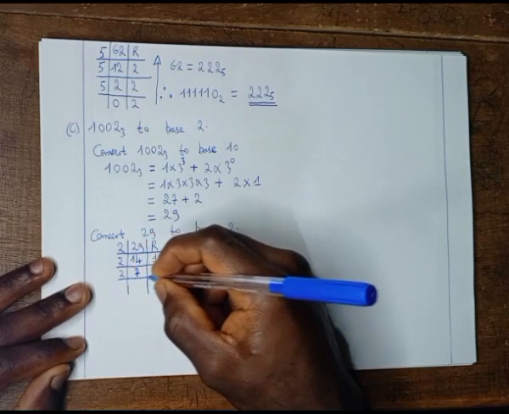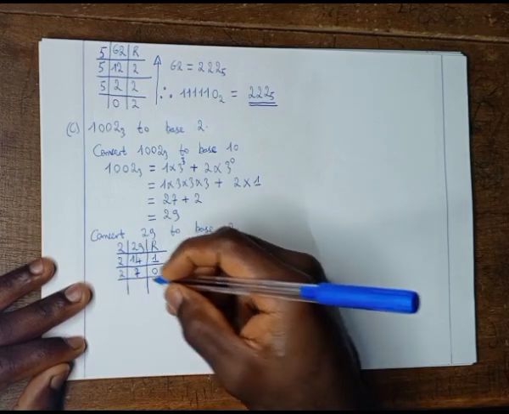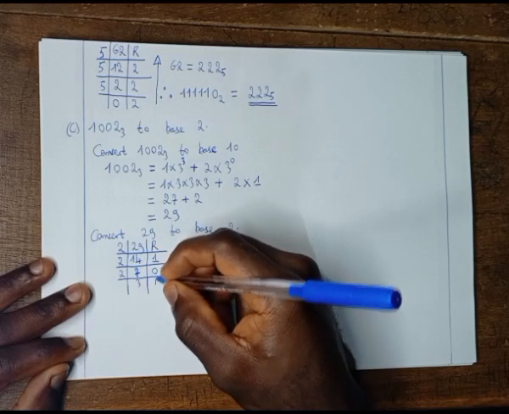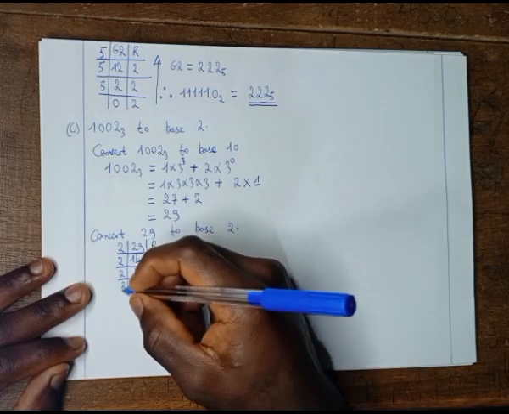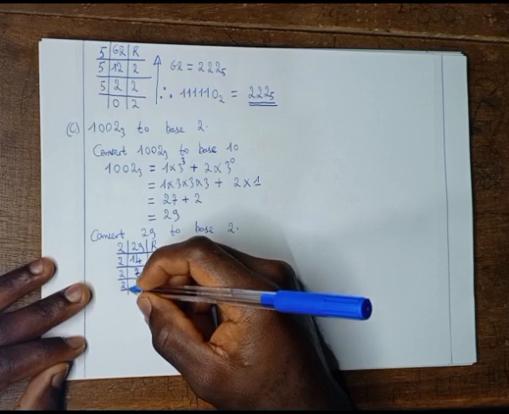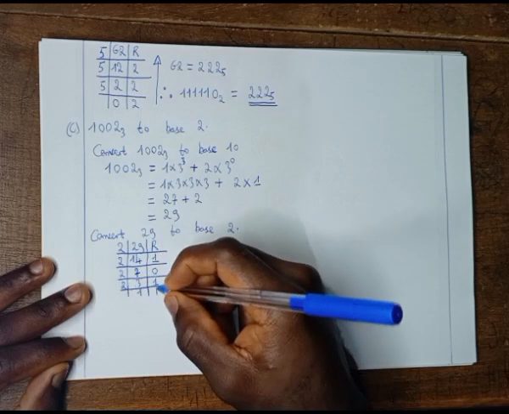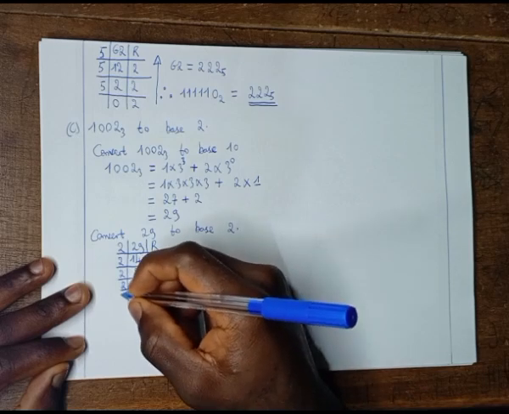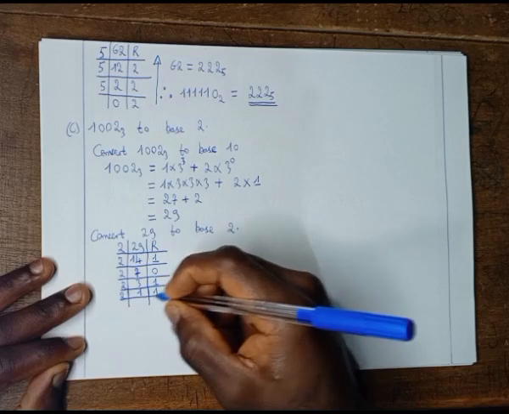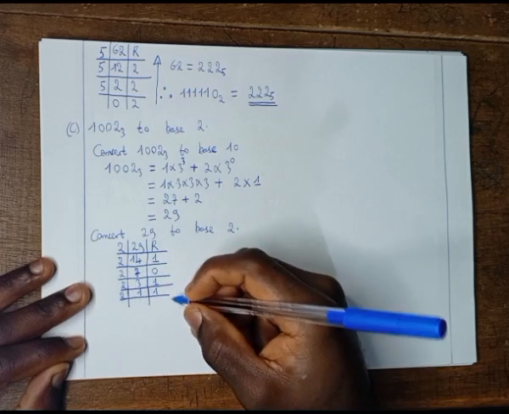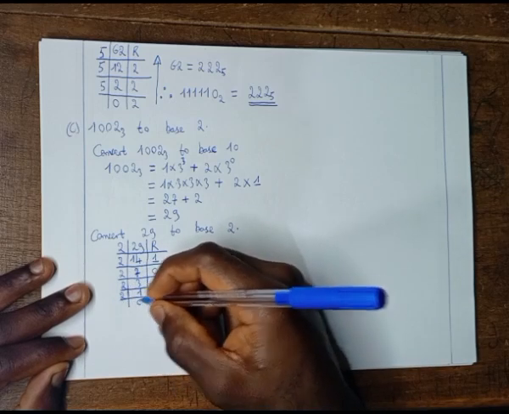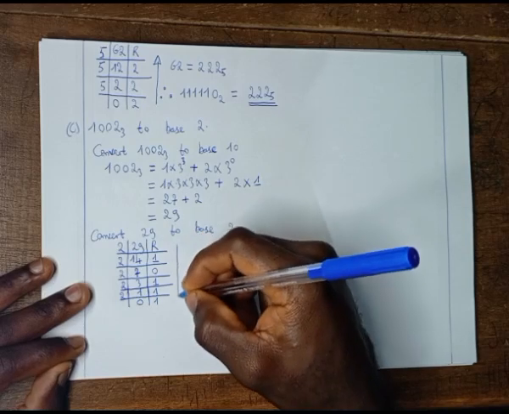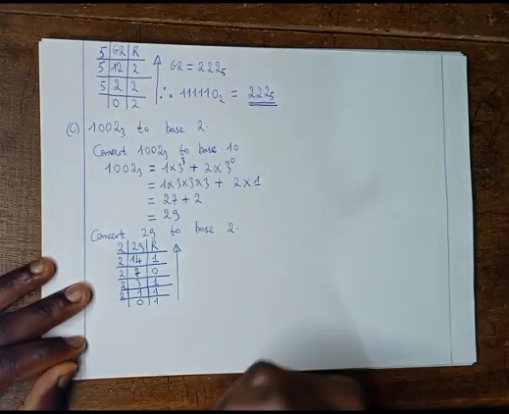We bring down 2. 7 divided by 2 gives us 3, remainder 1. We bring down 2. 3 divided by 2 gives us 1, remainder 1. We bring down 2. 1 is less than 2. If we divide 1 by 2, we are going to obtain a whole number part of 0 and a remainder of 1. We copy from bottom to top.